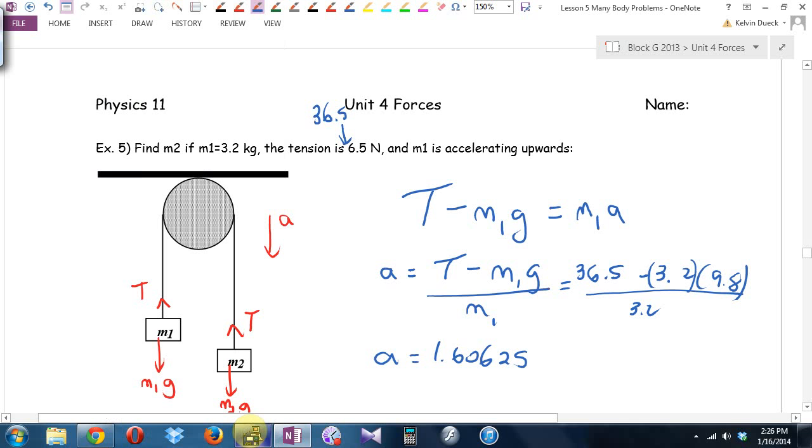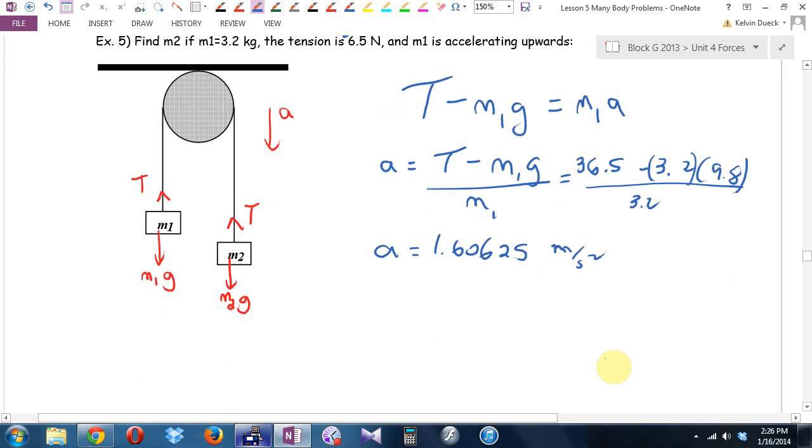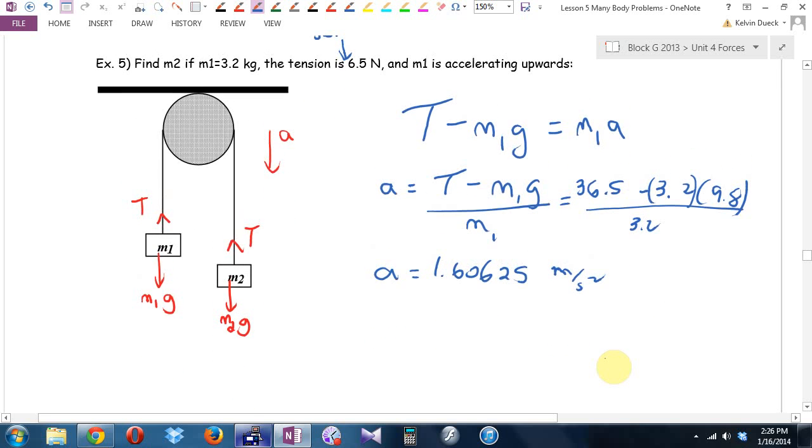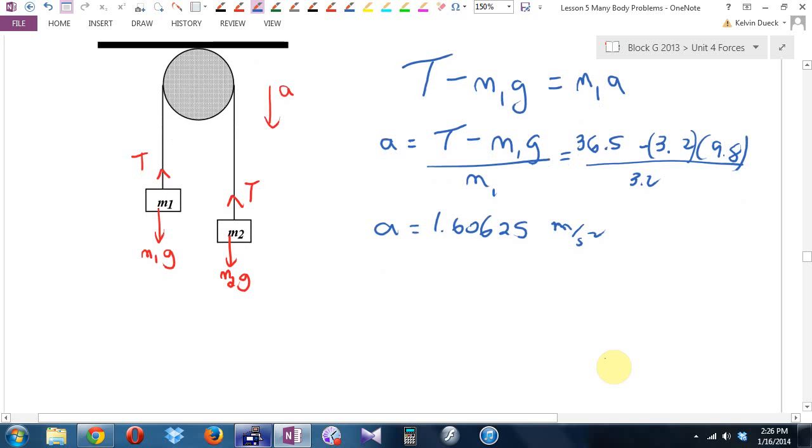I'll keep the extra sig figs because A is not what they wanted me to find. What did they want me to find? M2. Let's write an equation for mass 2.